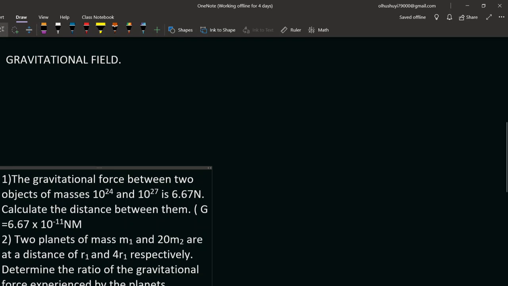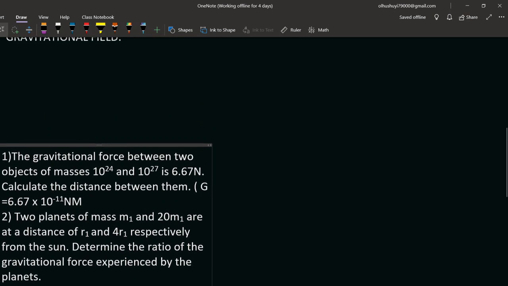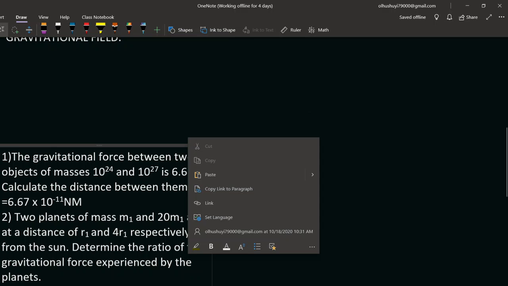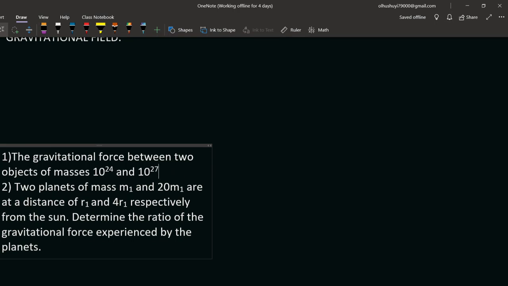It should be that the second mass is 20 times the first mass, at the distance of r1 and r2 respectively from the sun.